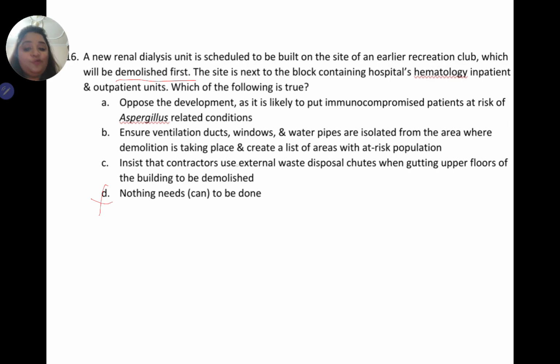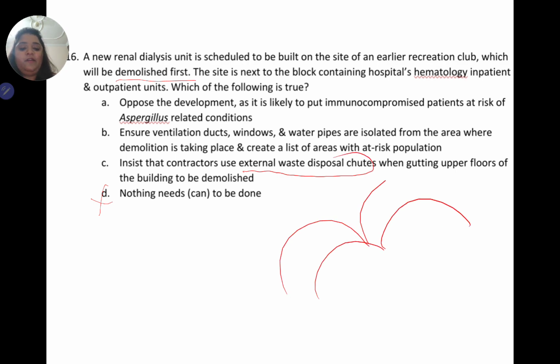Insist that contractors use external waste disposal chutes when gutting the upper floors of the building to be demolished. So when we use external waste disposal chutes, this will disperse the fungal spores to a larger area.